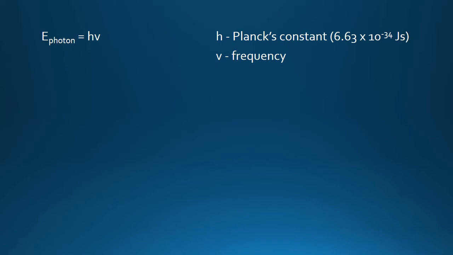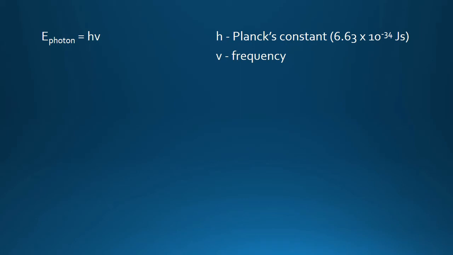What is really neat about understanding radiation and bonds is you can figure out what wavelength, what energy is needed to break a bond, so we can really start to understand radiation. We have this calculation: E photon equals h times v.